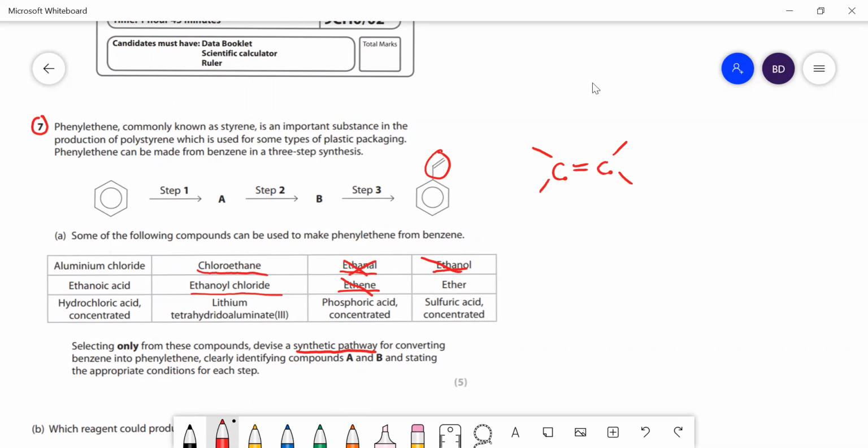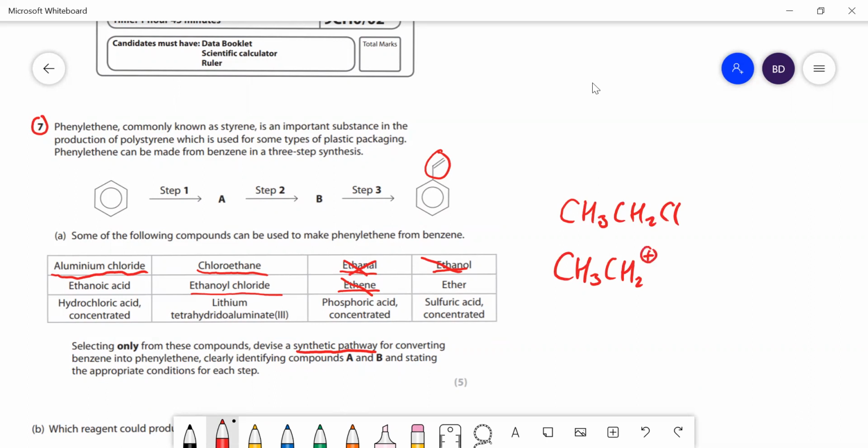Let's think about chloroethane. Could we stick that on? Well, we could, because if you get chloroethane and you react that with an aluminium chloride catalyst, you will generate this electrophile, which can then react with the benzene ring, electrophilic substitution.